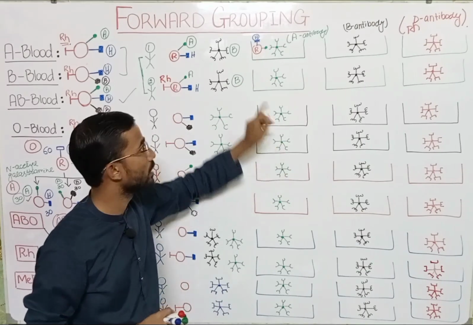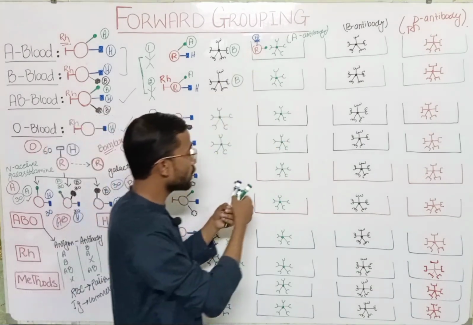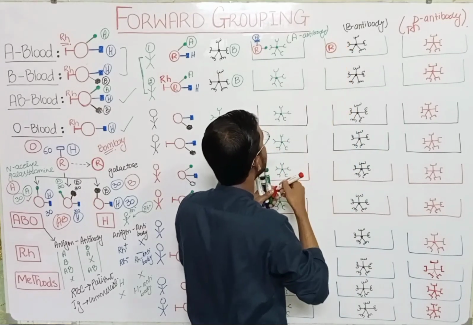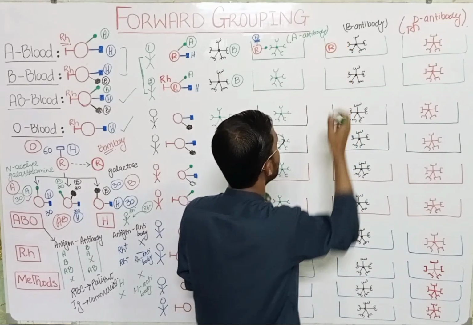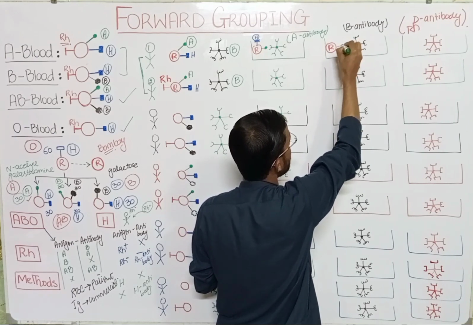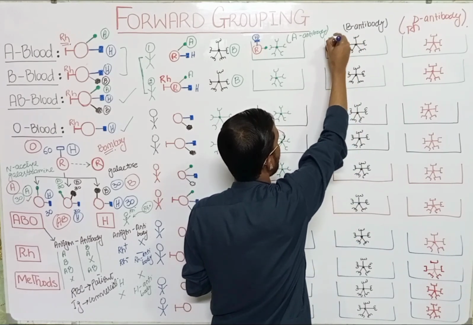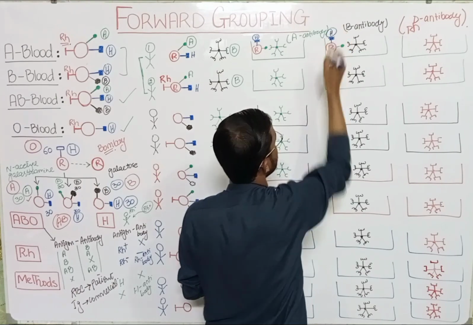This is case 1. Next, this RBC has A antigen and H antigen.